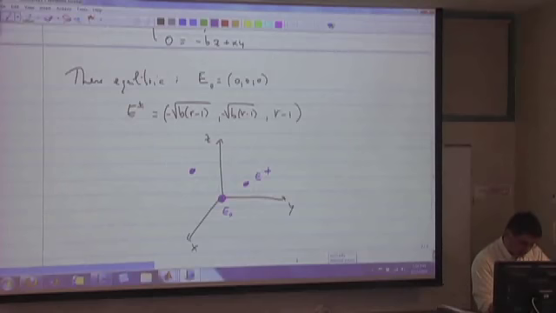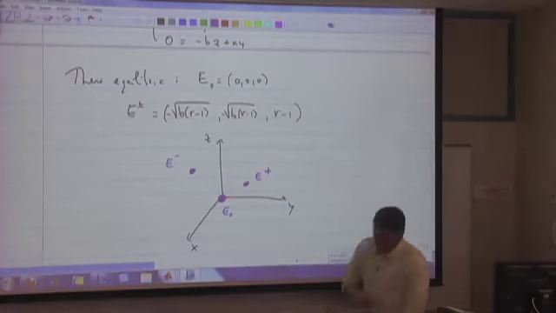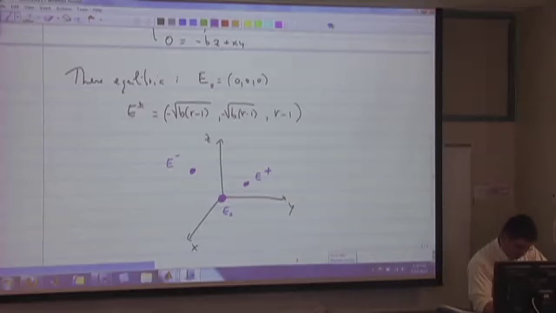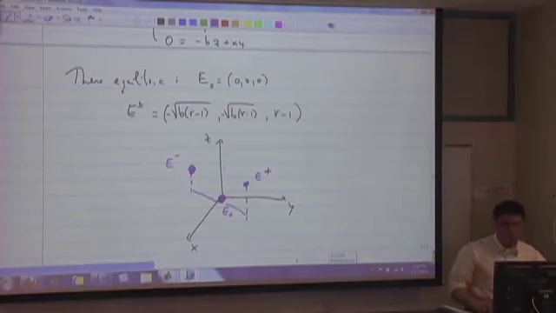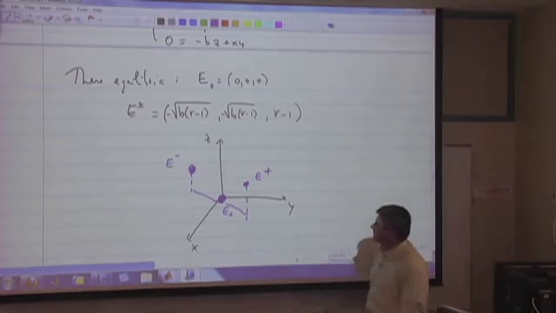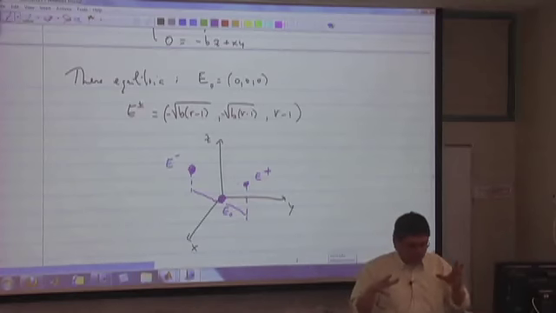So if this is the projection of the xy plane, then these 2 things are kind of mirror images with respect to the z-axis. Okay, so you have 3 equilibria.